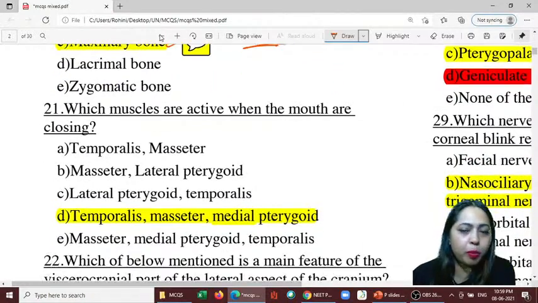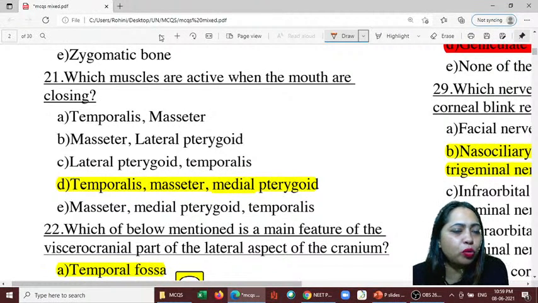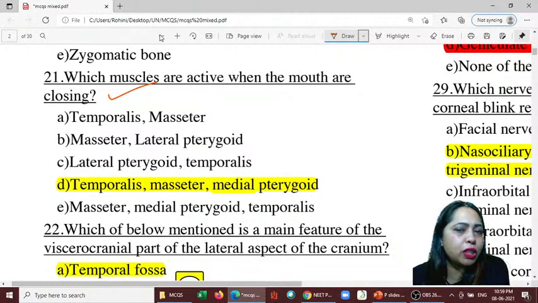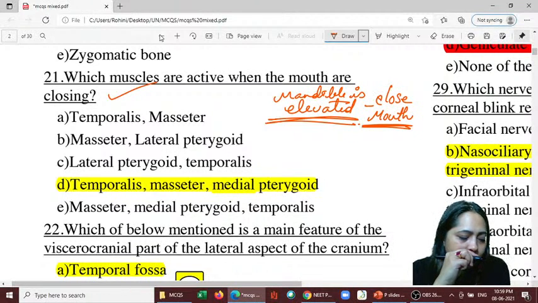Next one, probably we can take up one last question. Which muscles are active when the mouth is closing? When you're closing your mouth, the mandible is elevated. What is the answer?